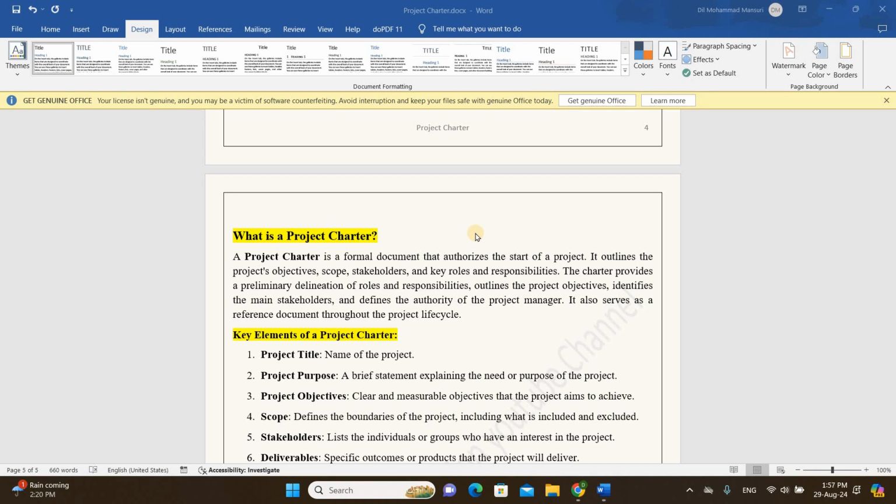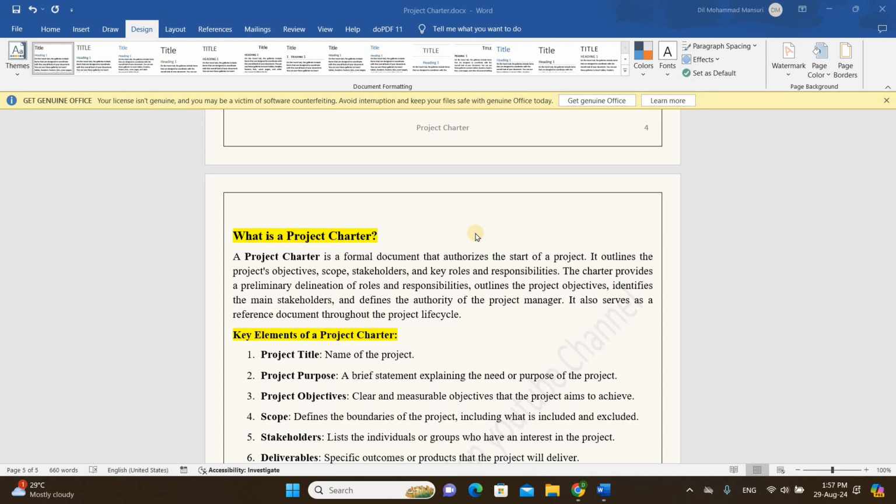So this charter itself is a very important document because it incorporates a brief introduction of your project: the project objectives, who all the stakeholders involved are, and the project scope. Whoever sees this document can understand what the project is all about and in what amount of time it is going to be completed.